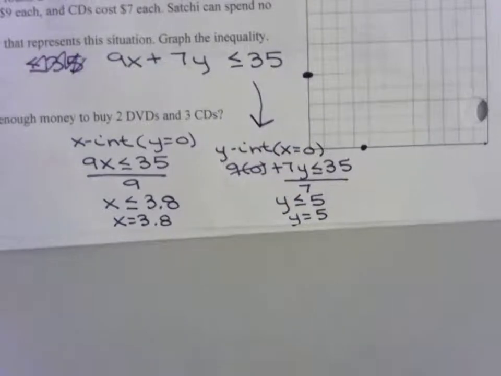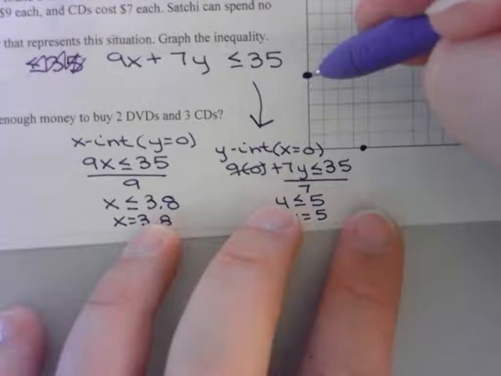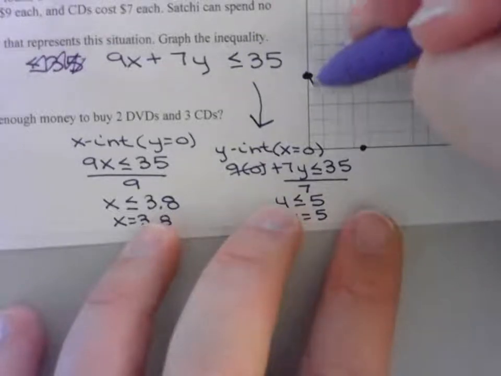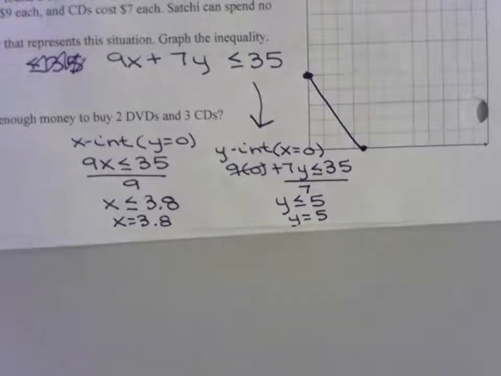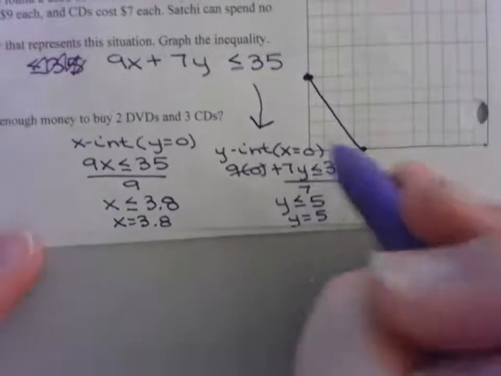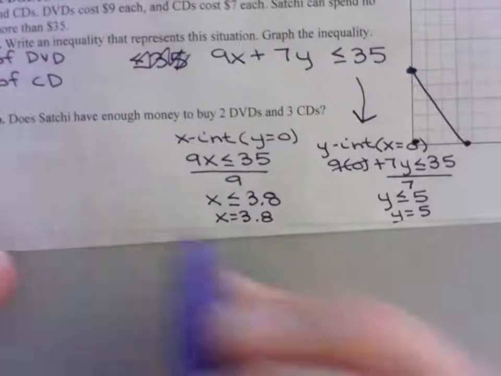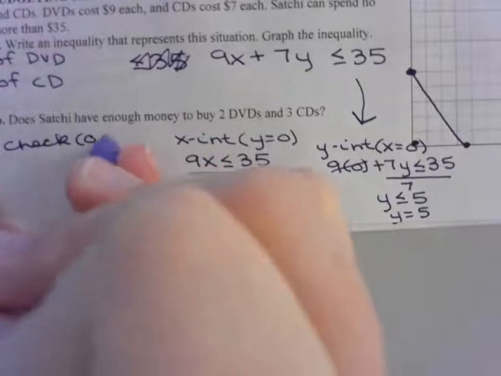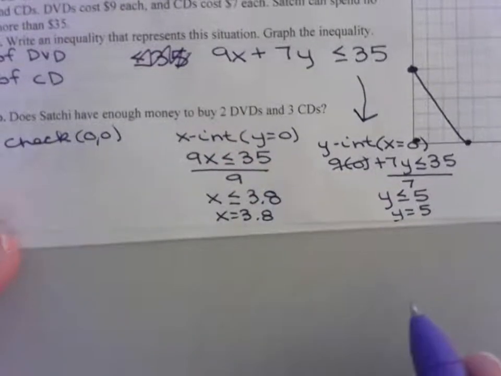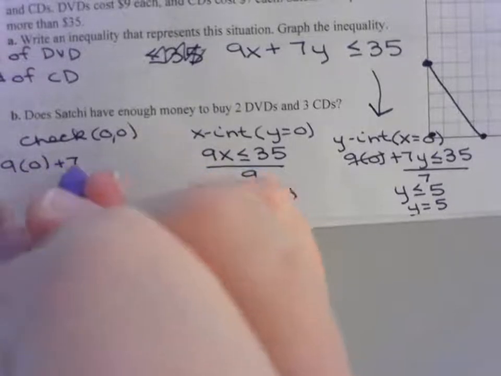Is this a dashed or full line? Dash. No. Full. Less than or equal to. Full line. And then I need to decide which way to shade. Check the point 0, 0. That's the easiest point to check. See if it's a solution. If it comes out true, then you shade to include it because it's a solution. 9 times 0 plus 7 times 0.